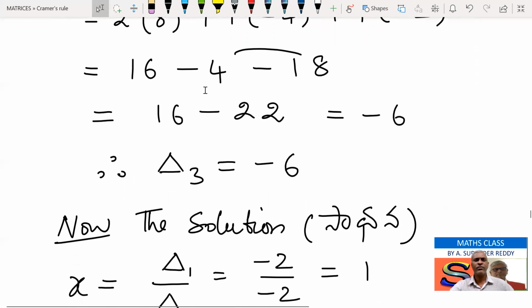Minus 18 minus 4 minus 22. 16 minus 22 minus 6.